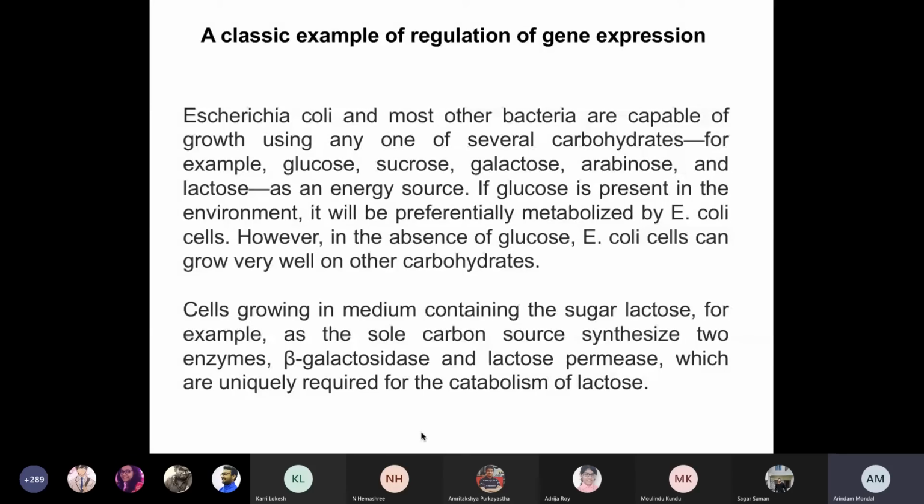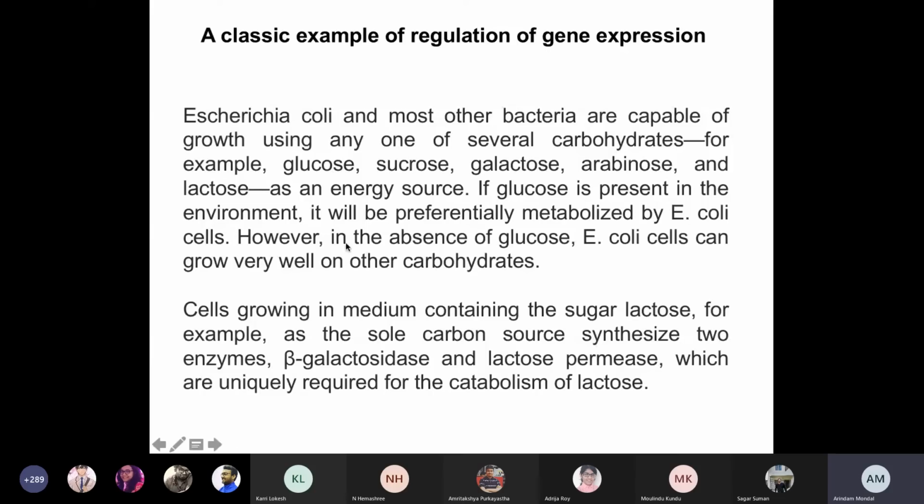So let's see. In the case of E. coli, as I was saying, they just want to extract the nutrient from the media. They need to metabolize it in order to generate ATP. That ATP could be utilized for their DNA replication process so that they can produce more DNA and hence divide to produce more bacterial cells, right?